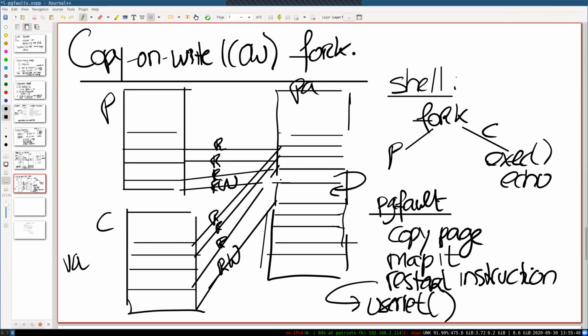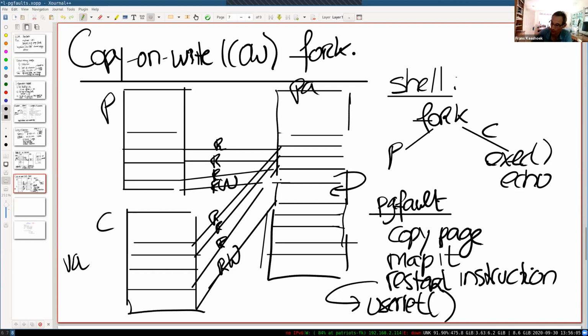Another question. For, let's say, some parentless process, maybe the first one that launches, does it set just read permissions on its pages, or does it start off with read-write? And when it forks, it modifies? Okay, it's up to you.